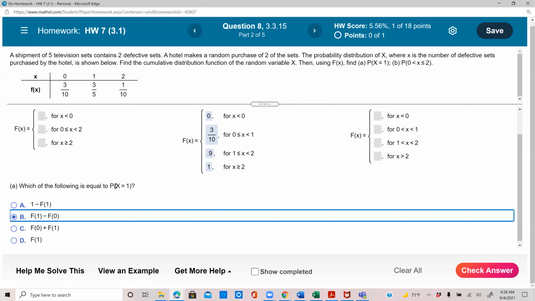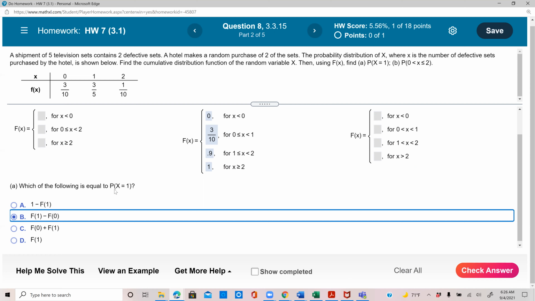So basically, probability x is equal to 1 would be the accumulation up to 1 minus the accumulation up to 0. Because the accumulation up to 1 will also include the 0 part, but we don't want the 0, we just want 1. So you subtract off the accumulation up to 0. So in general, whenever you want probability at a particular point, you take the cumulative distribution up to that point minus the cumulative distribution up to the previous point.